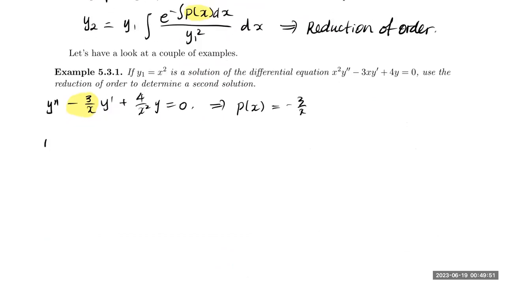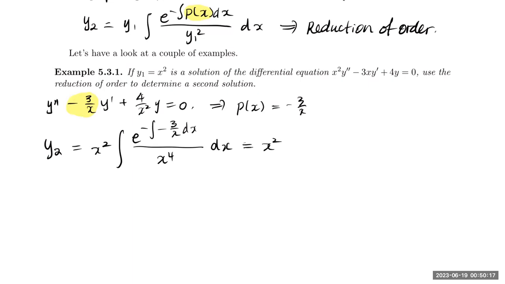So using the reduction of order, you have y2 equal to x squared times the integral of e to the negative integral of negative 3 divided by x dx, divided by x to the 4th power, because remember x squared, and then we square it, so we have to put it as a 4th, dx. Now this is equal to x squared times the integral of e to the power 3 ln of x divided by x to the 4 dx.